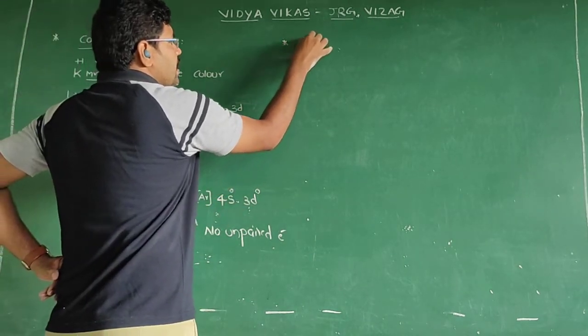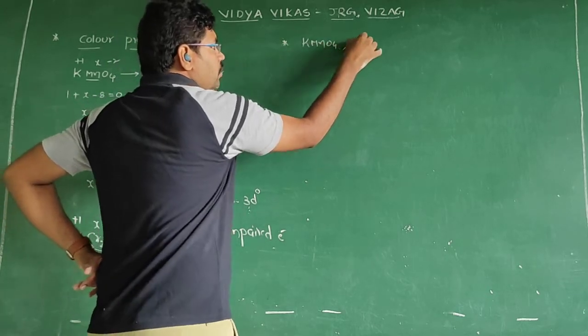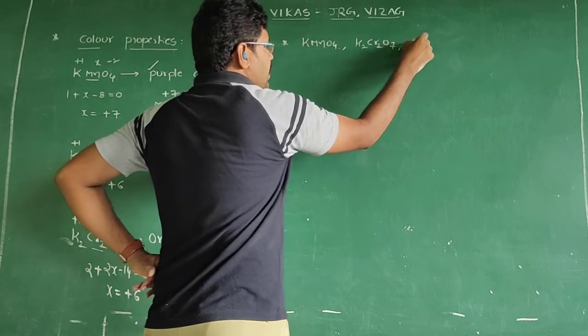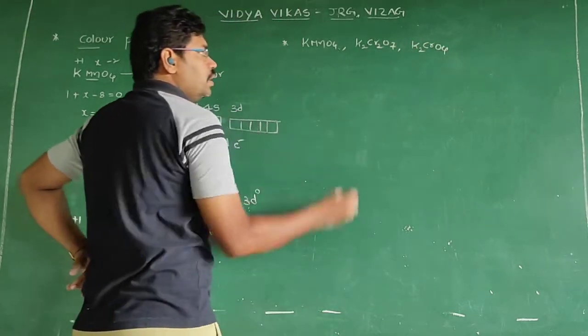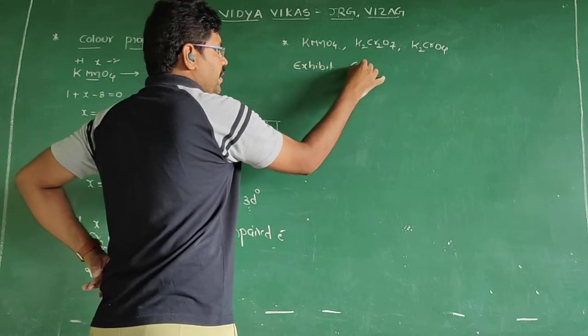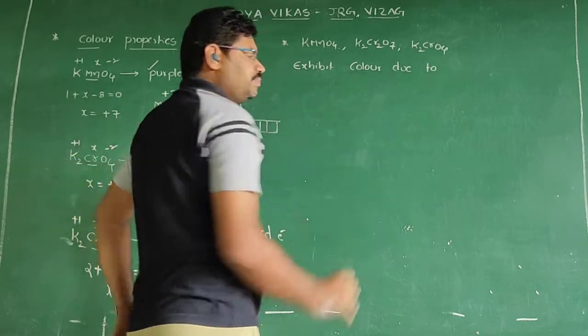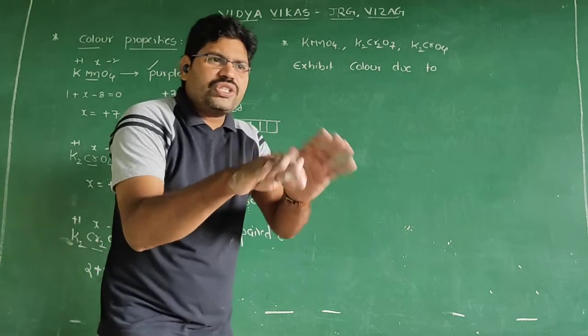Dear students, just look at KMnO4 and K2Cr2O7, dear students, and K2CrO4, they exhibit color due to, and the question is that we all look for an answer: dd transition.